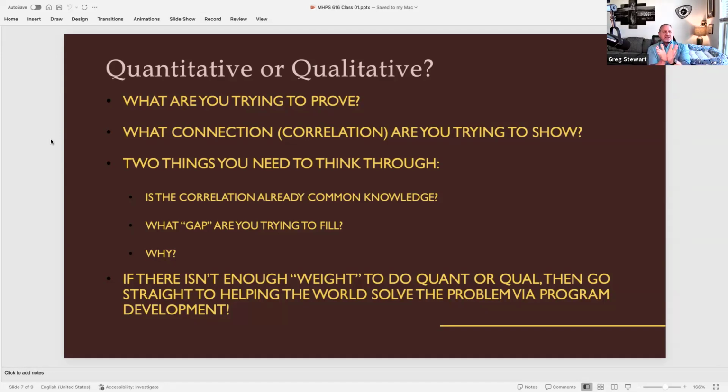And that's where it comes to specificity. The gap is something that hasn't been linked together. So yeah, trauma and depression, but there hasn't been research on how trauma and depression play out when it comes to children who have cognitive impasses from childhood trauma among Republicans, or whatever, right?